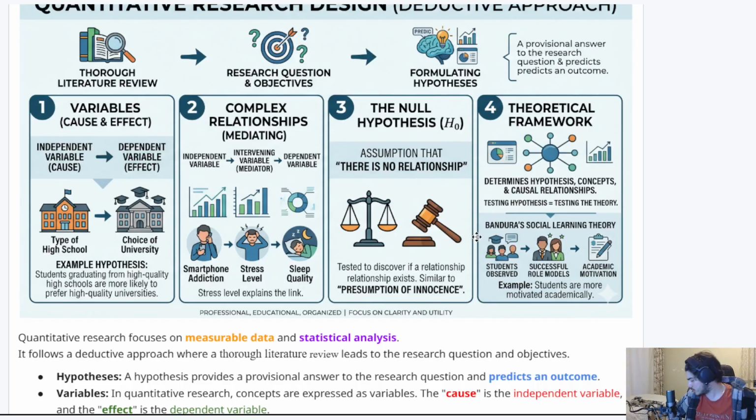This means in the null hypothesis, you say tea doesn't affect sleep quality, okay? But I have a hypothesis based on the research that I've done that says otherwise. I make a hypothesis saying if you drink tea, your sleep quality will be worse, or it will affect your sleep.